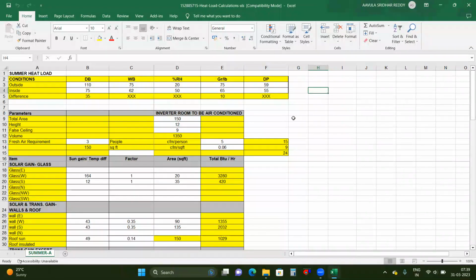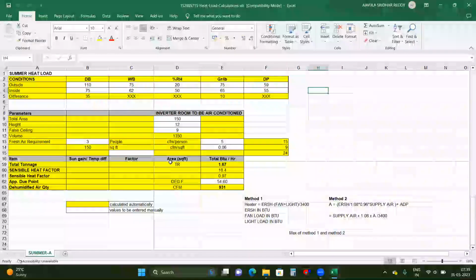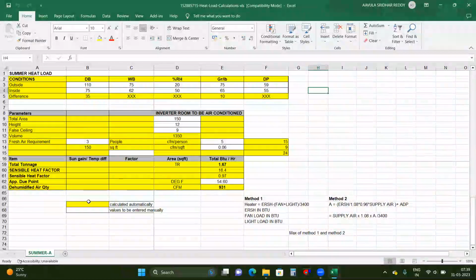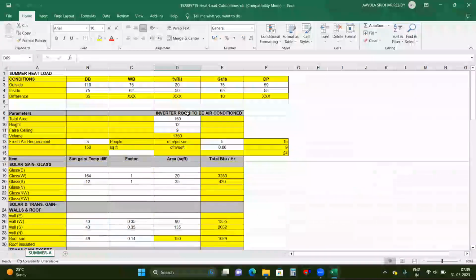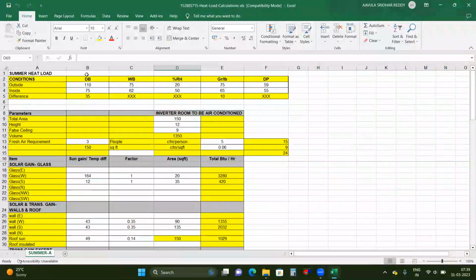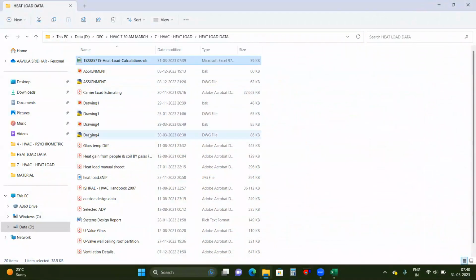Okay, so how to use this Excel sheet? You can see here, these yellow color values will be calculated automatically, so no need to enter anything in the yellow cells. Only the white color cells we need to enter manually. Okay, so starting here we have the conditions outside and inside. So we will enter from the manual sheet.